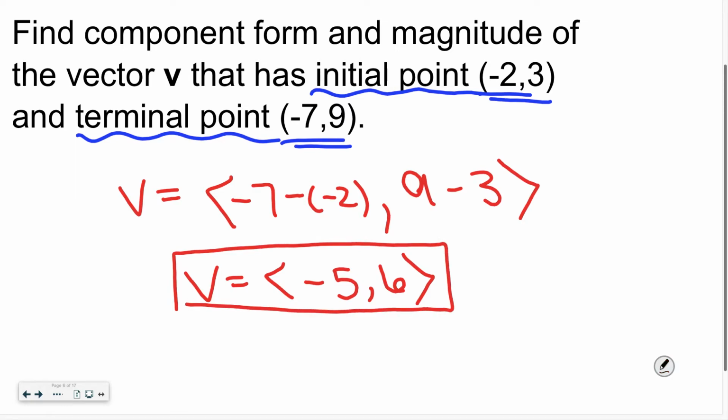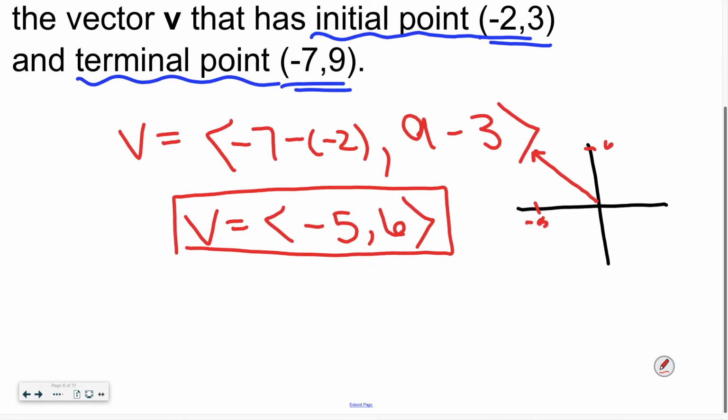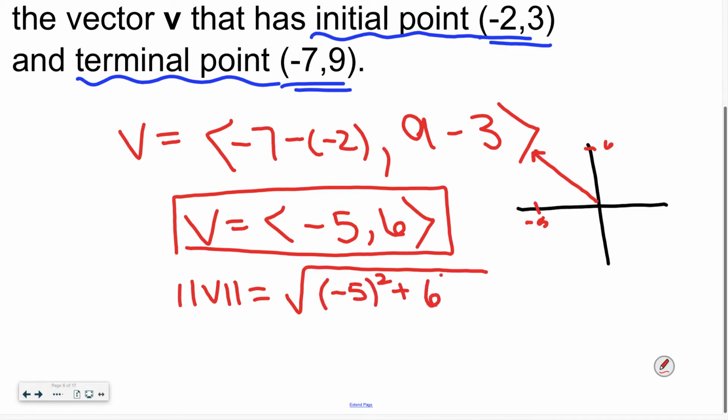So if we were to graph that one in standard position, -5, +6 would be here. Okay, there is vector v. To find the magnitude of vector v, we would use the Pythagorean theorem. The magnitude is the square root of our horizontal component squared plus our vertical component squared.